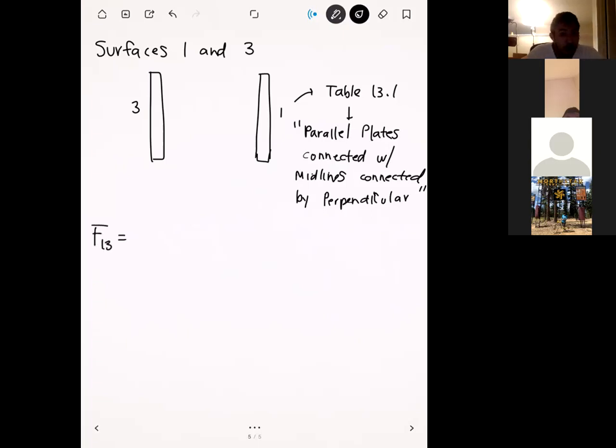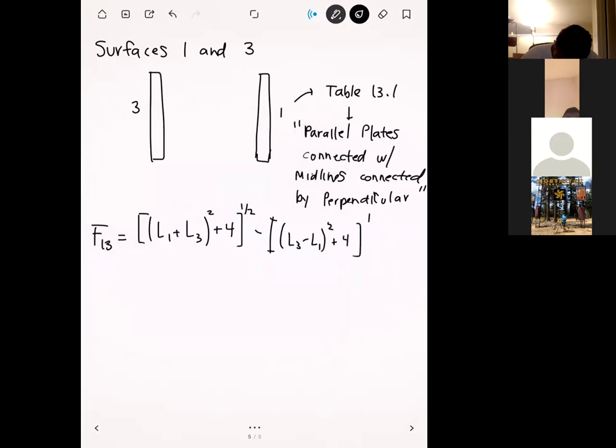All right. And so if you look in table 13.1, under that category, what you get is F13 is equal to L1 plus L3 squared plus 4, all raised to the 1/2 power, minus L3 minus L1 squared plus 4, all raised to the 1/2 power.